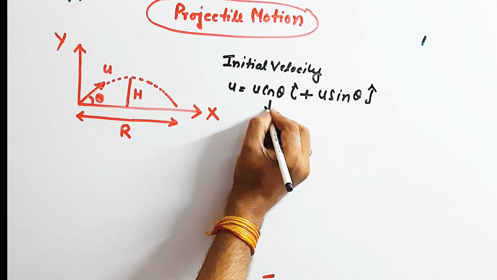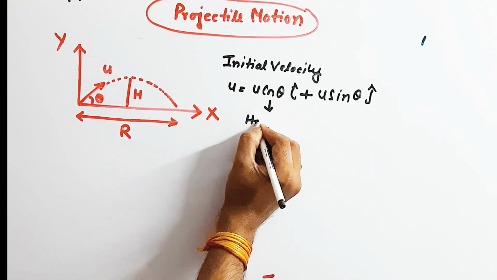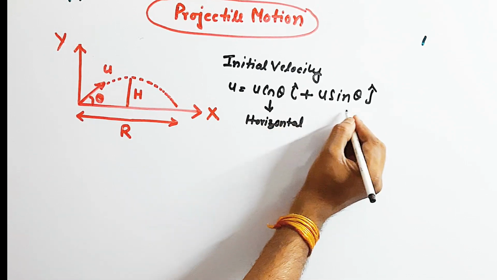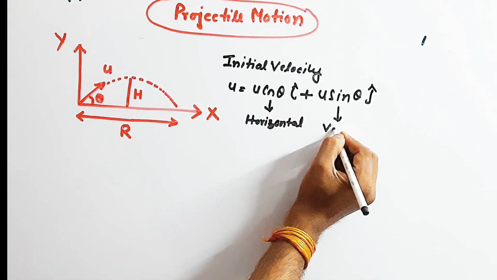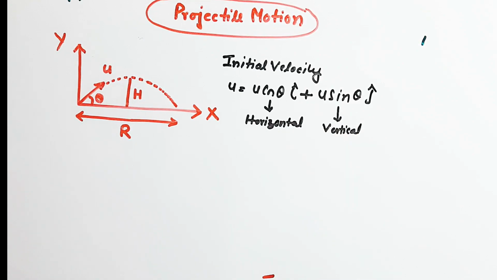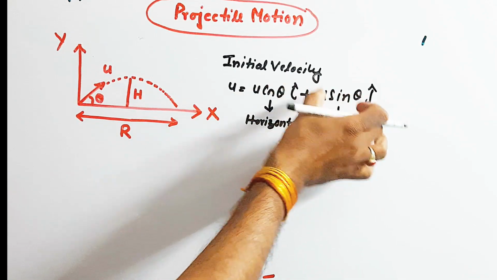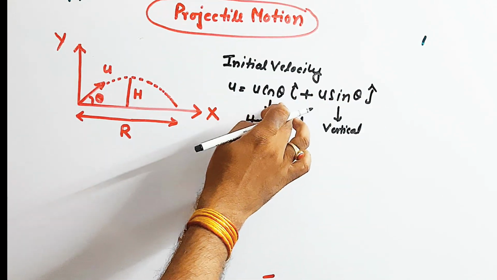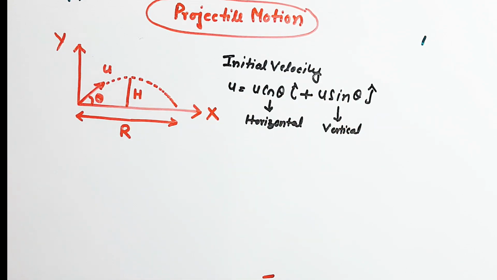So this is responsible for horizontal motion and this is responsible for vertical motion. Both motions are independent of each other. They will not affect one another because they have a 90-degree angle between them.